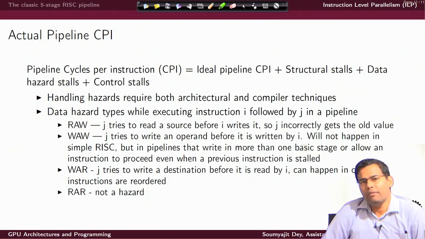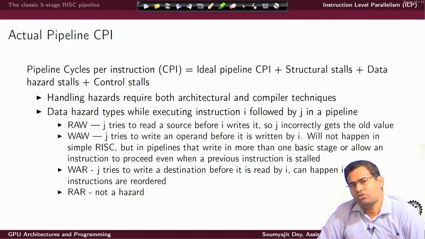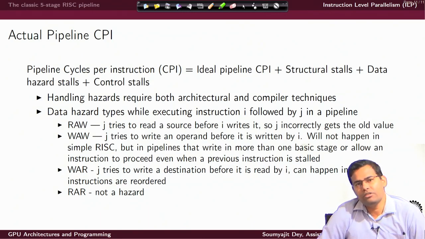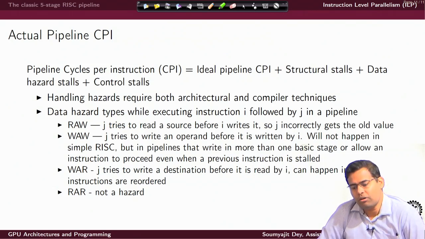However, it does not really happen, because as we have seen, there are several kinds of hazards, structural, data as well as control hazards, which introduce what we call pipeline stalls. Due to a structural hazard, there can be a stall in the pipeline. That means some instruction sitting inside a stage is not progressing to the next stage in the consecutive clock cycle.